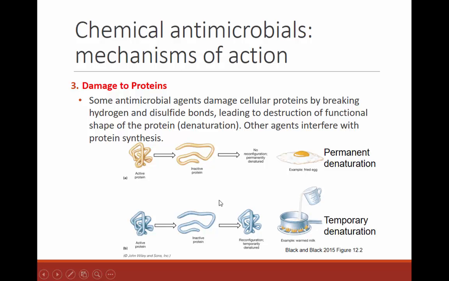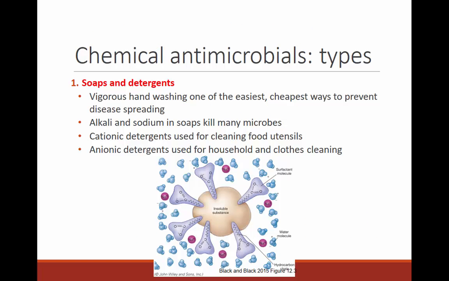It's quite a nice one to look at. Then if you've got temporary denaturation, that means you've got the active protein being pulled apart basically to become inactive. But then if you take away heat for example, it has the ability to reform in that same formation. So it's only a temporary denaturation. You can see with warmed milk, that's what happens. So there's a number of different ways that can occur.